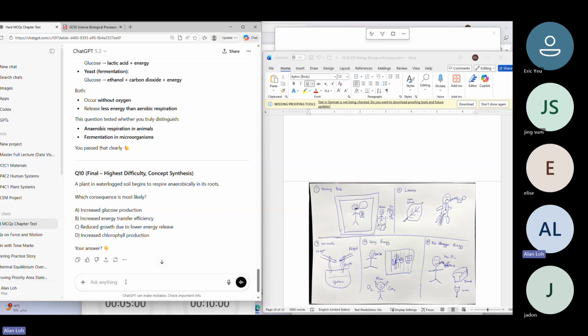Anyone? Give a try. Which drawer? I think which drawer is easy, this one.